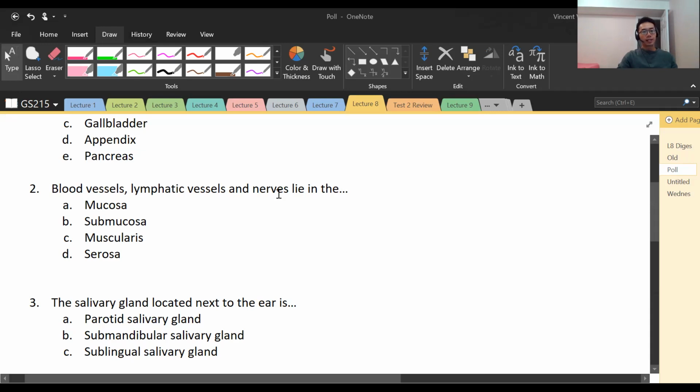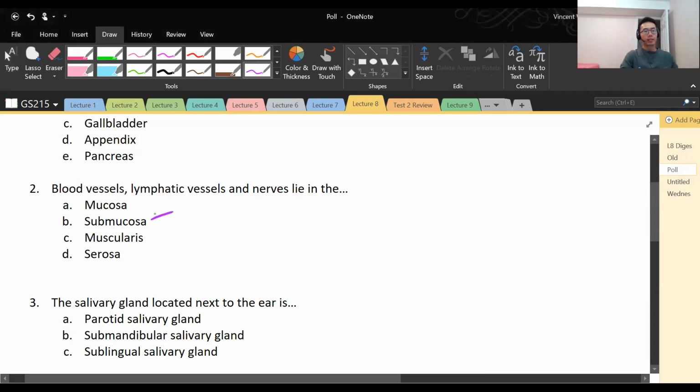Yep. The nerve endings, lymphatic vessels and blood vessels are found in the submucosa. Okay.